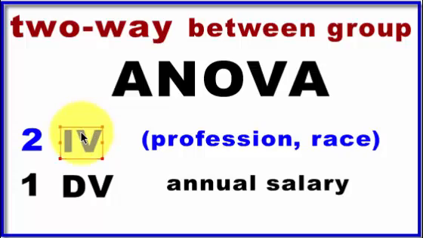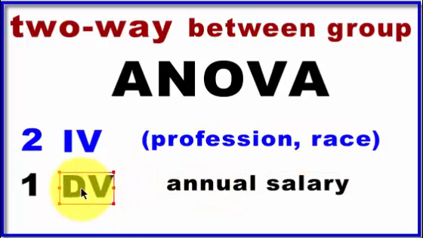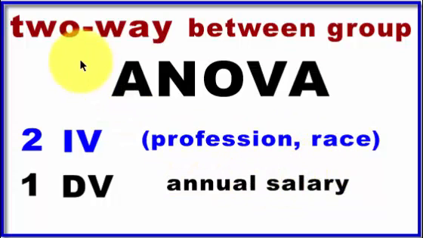Now, this will basically run a one-way ANOVA to see if there's a difference in salaries between profession. It will run a separate one-way ANOVA to see if there's a significant difference in annual salaries based on race. And with the 2-way ANOVA, this is where we introduce you to something we call interaction.